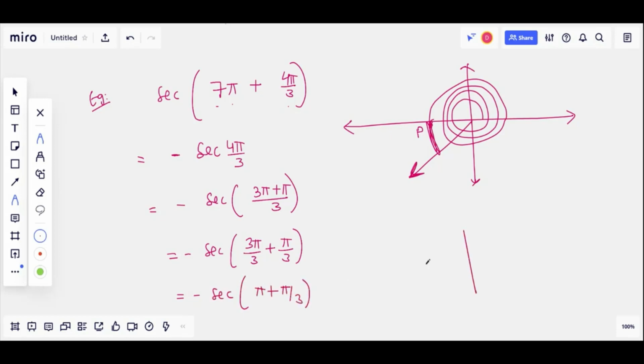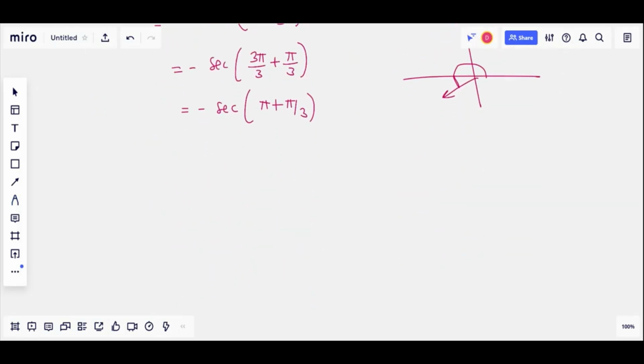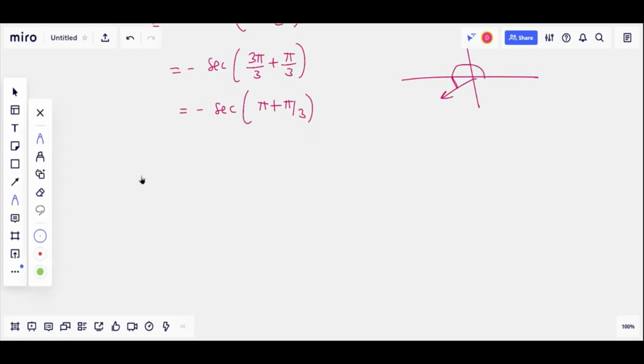Now again, we do the same procedure. We have pi plus theta. This is pi, this is theta. Again, we have quadrant 3. In quadrant 3, sec is negative. So we have one negative as it is, another negative sec of pi over 3. Negative and negative is positive, and sec of pi over 3, we know that this value is 2. So the answer comes out as 2.